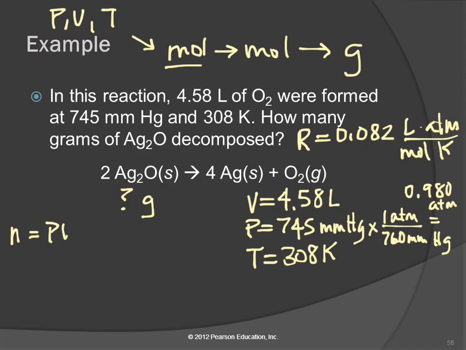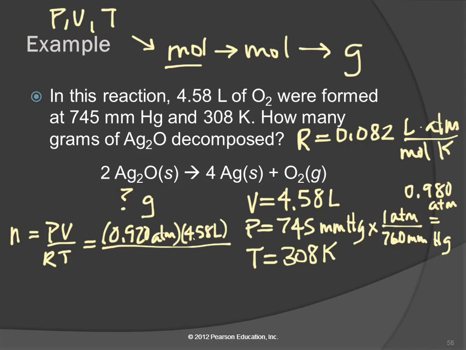n equals PV over RT. So that's the pressure, which we just said was 0.980 atmospheres, times the volume, 4.58 liters, divided by R, 0.0821 liter atmospheres per mole Kelvin, times the temperature, 308.